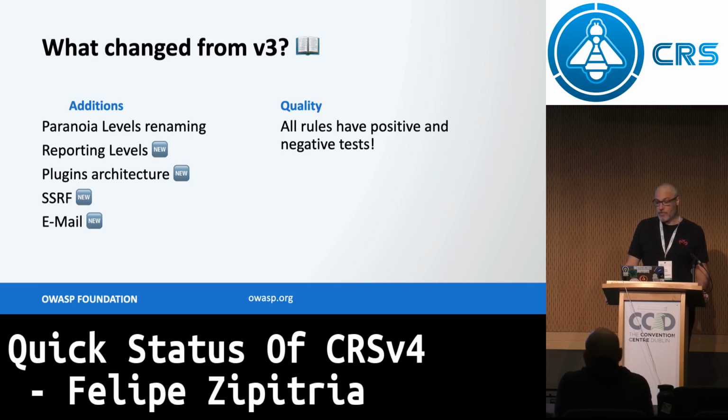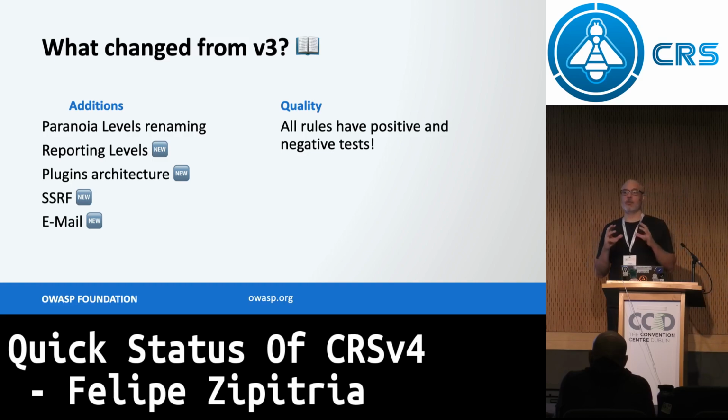We introduced a new plugins architecture, which is really an incredible thing for every integrator out there. Because one of the things that we did was basically shrink the core rule set. So now the core rule set is more core than before, in a way. All the exception rules that we had, for example WordPress and other tooling that we were bringing with the CRS, now we left that off.